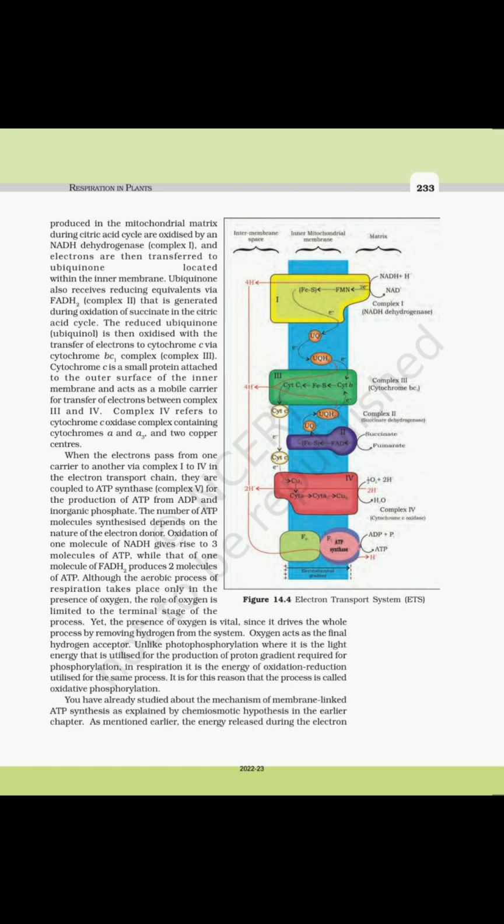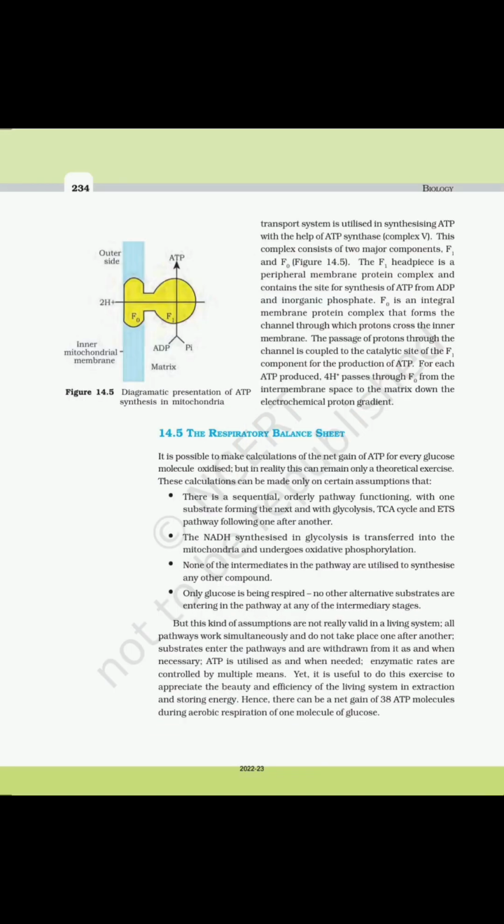You have already studied about the mechanism of membrane-linked ATP synthesis as explained by chemiosmotic hypothesis in the earlier chapter. As mentioned earlier, the energy released during the electron transport system is utilized in synthesizing ATP with the help of ATP synthase, complex V. This complex consists of 2 major components, F1 and F0, figure 14.5. The F1 headpiece is a peripheral membrane protein complex and contains the site for synthesis of ATP from ADP and inorganic phosphate.